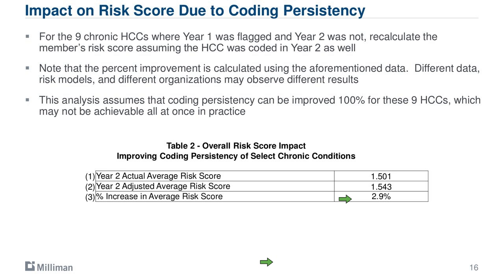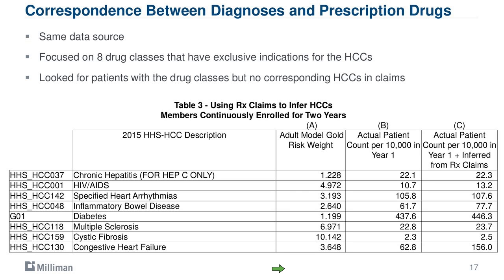The other analysis: the first analysis requires 24 months of continuous enrollment, so a look back into the past. This analysis is looking at the correspondence between diagnoses and prescription drugs. It does not require a look back, but it does require a pharmacy claim.